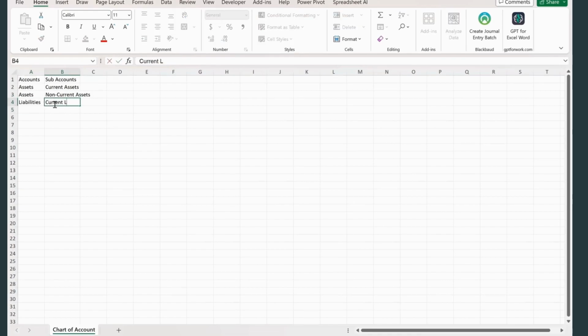We have current liabilities, we have non-current liabilities. Equity, share capital, expenses, income tax expenses, revenue.